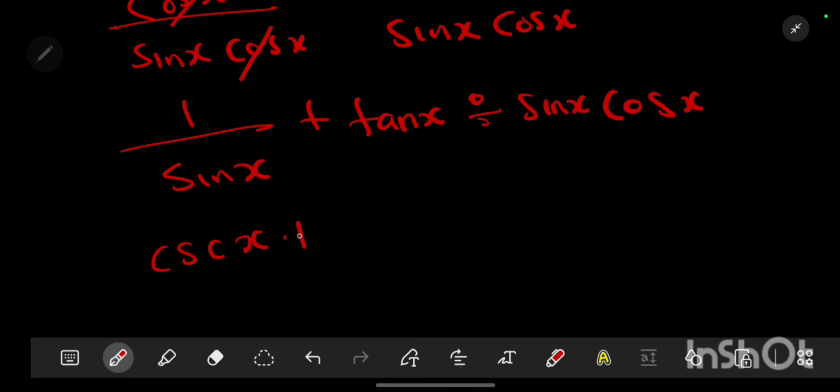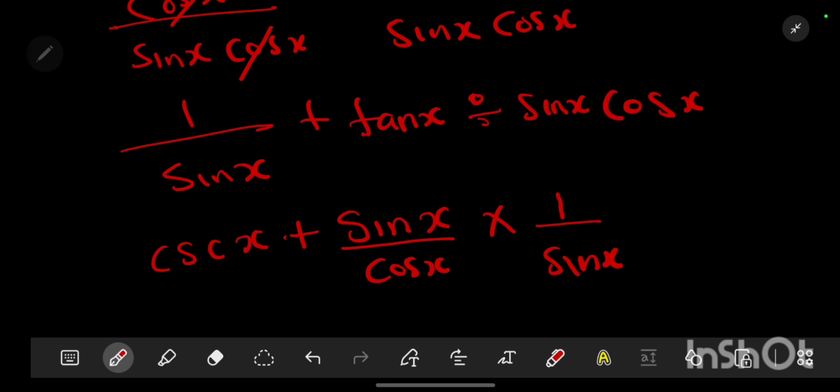Then this gives us our plus tan theta is sine theta over cos theta. In this case, sine x over cos x. Then multiplying means it will be 1 over sine x cos x, like that. So this one and this one goes.